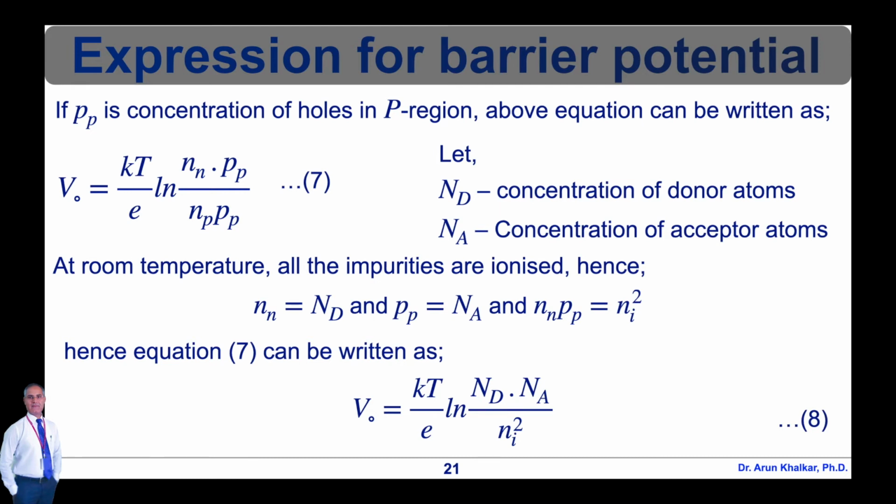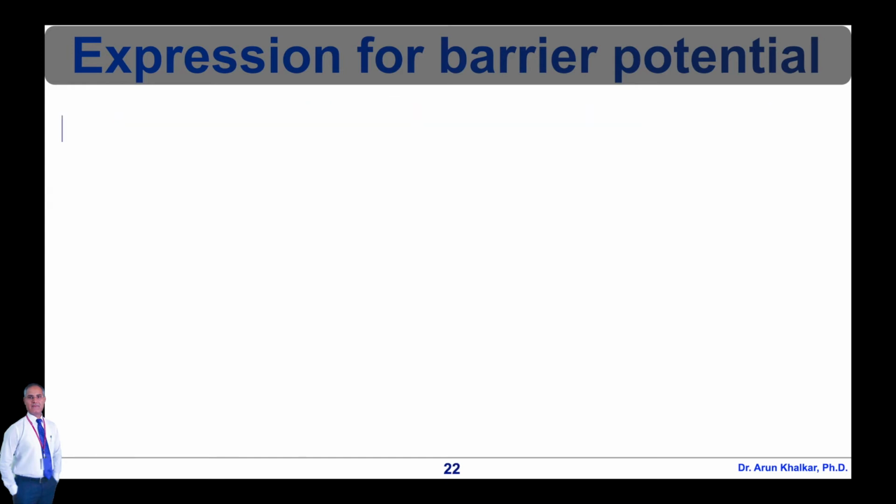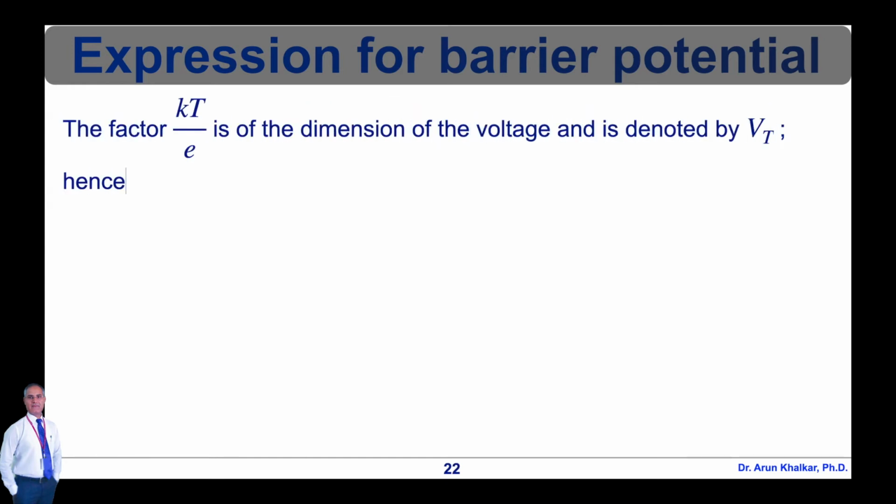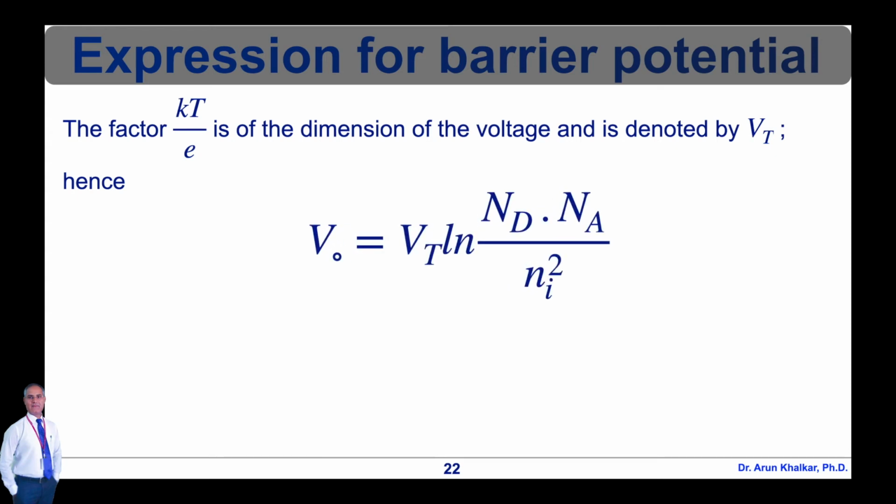The factor kT upon e is of the dimension of voltage and is denoted by capital V subscript capital T. Hence the above equation can be written as capital V naught is equal to capital V subscript capital T ln of capital N subscript D into capital N subscript A divided by ni square.